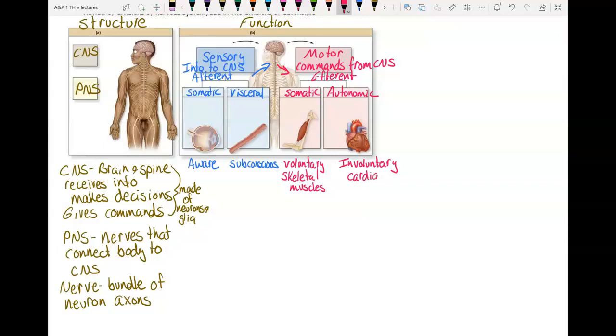That's why you see a picture of the heart there as the example. Smooth muscle, such as your blood vessels, your digestive system, and your glands, like sweat glands, salivary glands, tear glands. All of these things, skeletal muscles, cardiac muscle, smooth muscle, and glands, these are all effectors. Effectors are the body part that receives the command.